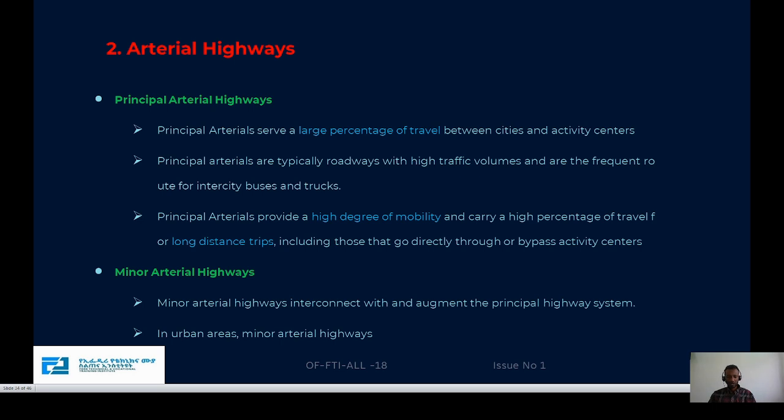The principal arterial provides a high degree of mobility for long distance trips. Minor arterials also connect with the principal arterial and with collectors.